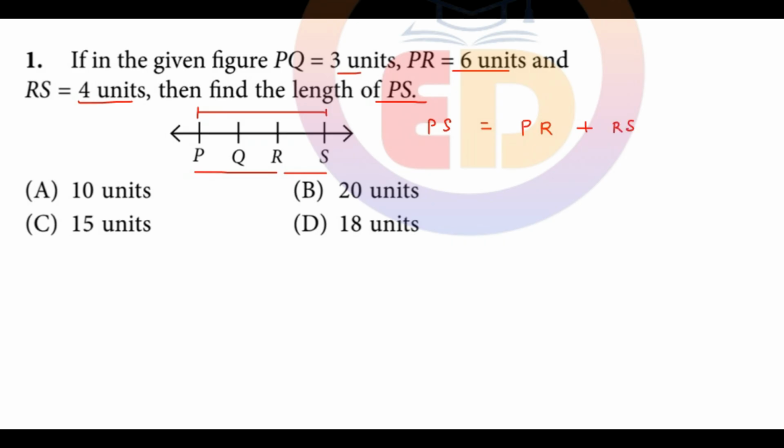PR is given in the question as 6. RS is given in the question as 4. Adding these two, we get the value of PS as 10 units. Answer is option number A.